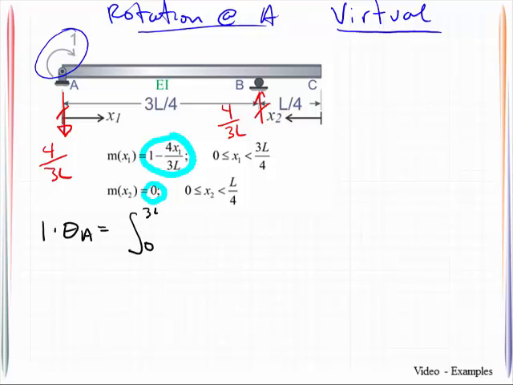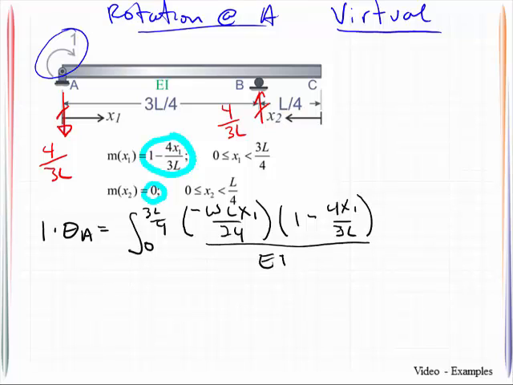Integration from 0 to 3L over 4. We get the big M, negative WL x1, times the little m, which is 1 minus 4x1 over 3L.